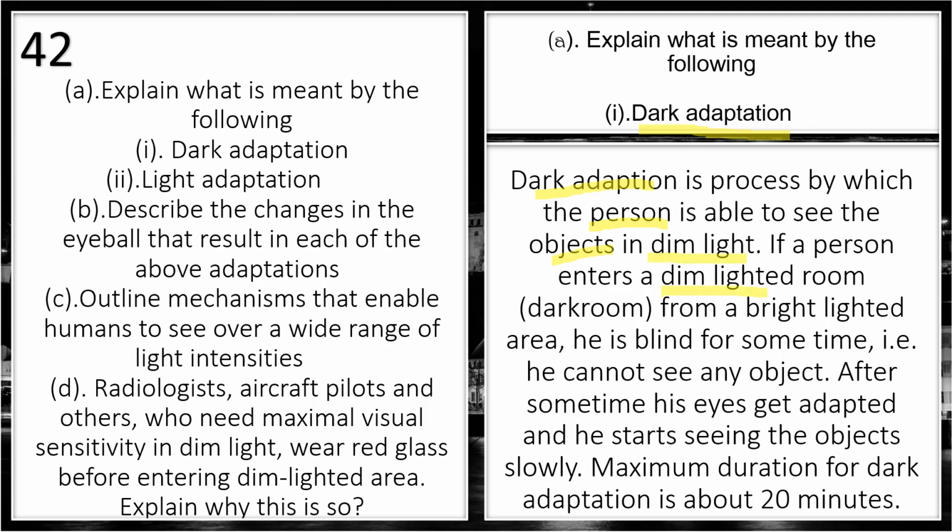If a person enters a dim-lighted room from a bright-lighted area, he is blind for some time and cannot see any object. After some time, his eyes get adapted and he starts seeing the objects slowly. The maximum duration for dark adaptation is about 20 minutes.